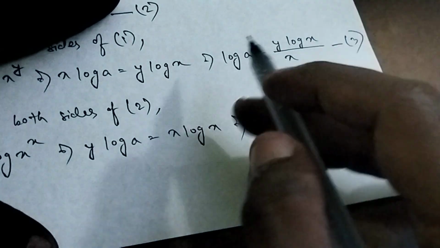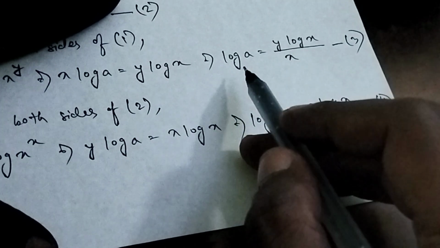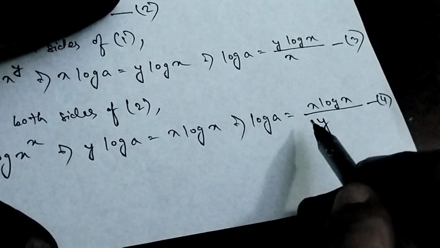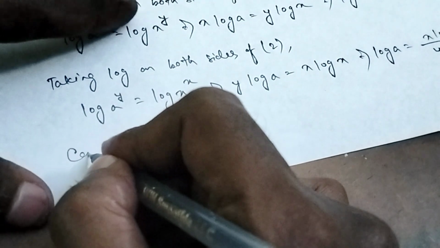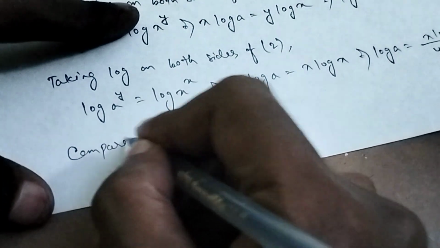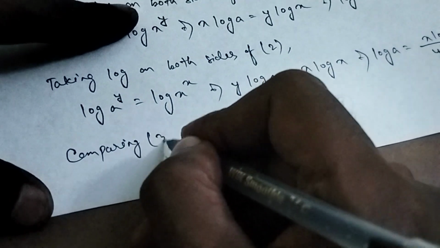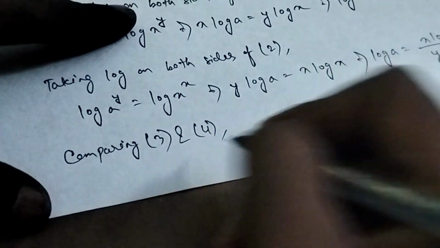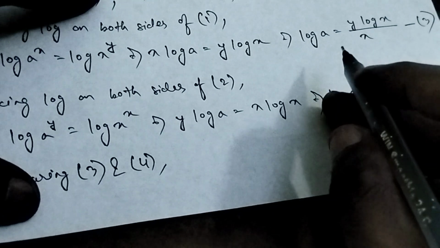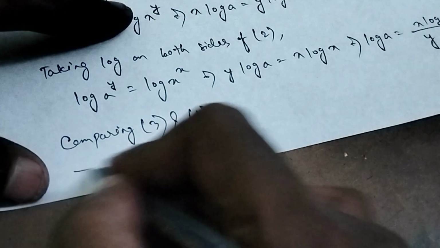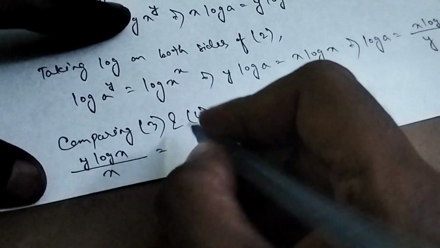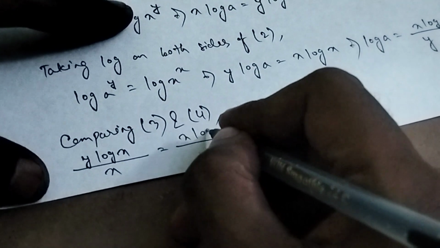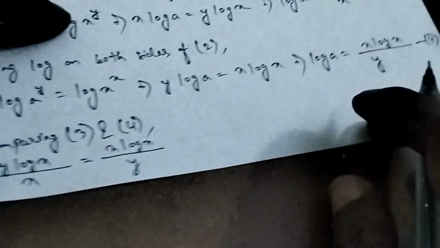Now you see both of them are log a. Log a is equal to this one, here also log a is equal to this one. So now we can write, comparing 3 and 4, y log x by x is equal to x log x by y.